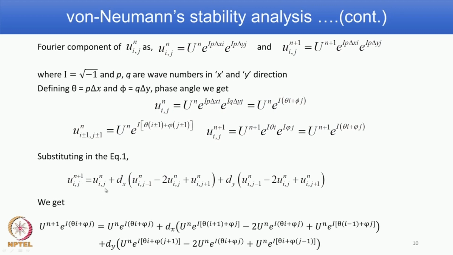Similarly, all other terms are independently written in this final expression as shown here. Now, we will apply von Neumann stability analysis to this equation. In other words, we rearrange and then find the amplification factor, the limit for the amplification factor, and get an idea of the stability condition.